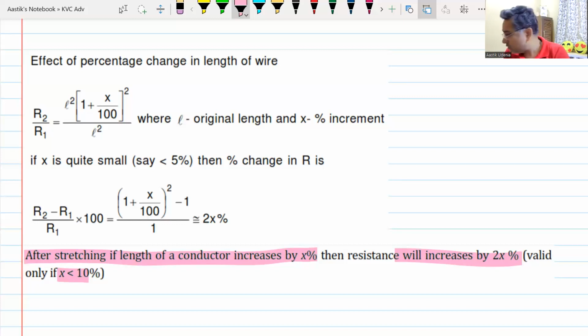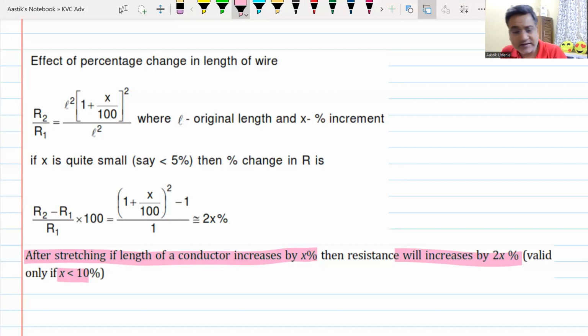So I would like you to go back home, have a rest, and see all the things that we have written. Some things have overlapped. Resistance, what is resistance, rho L by A, on what all factors it depends. Go through them, read them peacefully so that you can remember them in the examination also. We could not finish today because things are left.